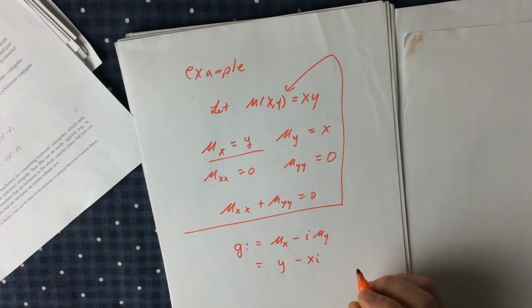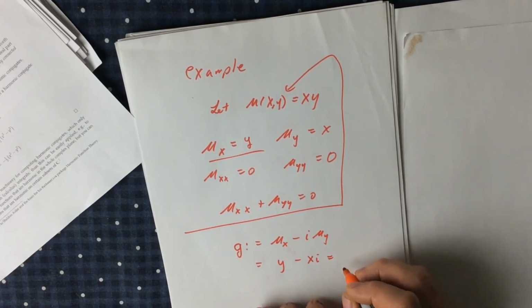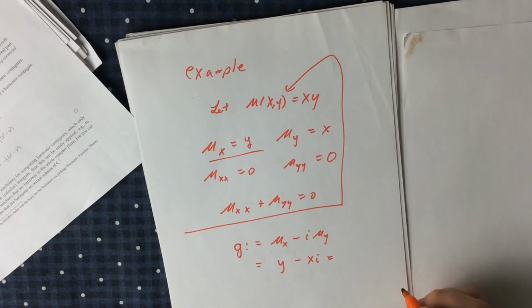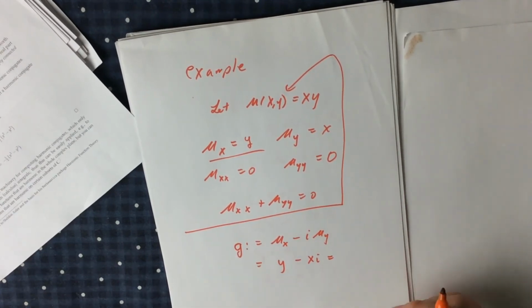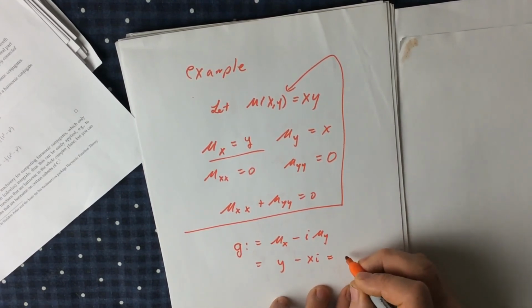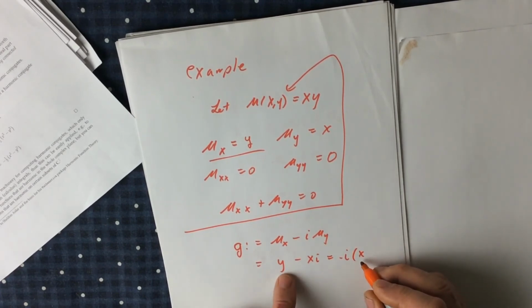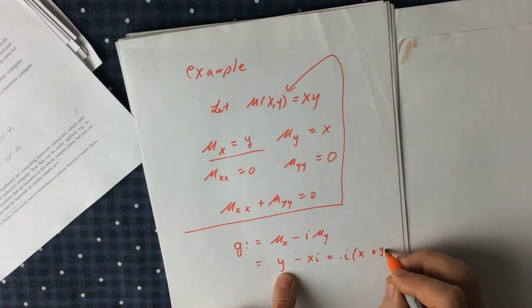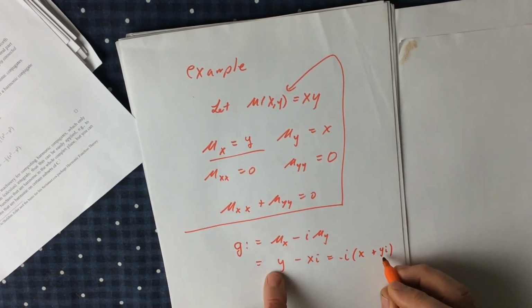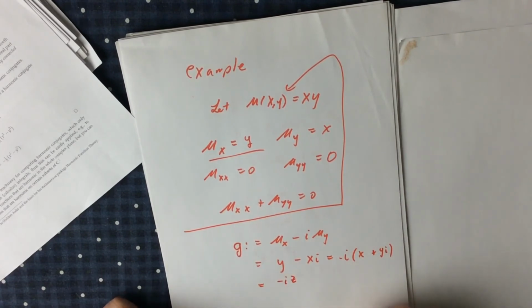Now, what are we going to do with that? Well, we want to relate it to the derivatives. So I'm going to factor this minus i out, and I get x minus i times x. Well, that must be x plus yi. It's the only way to get an x plus yi. Lo and behold, it must be iz.